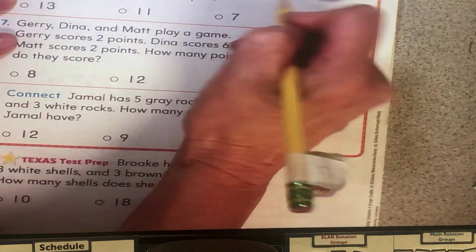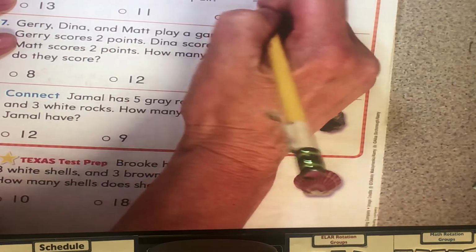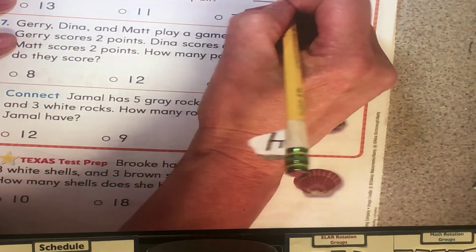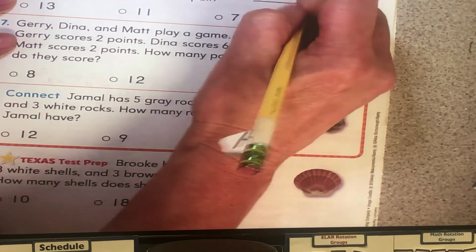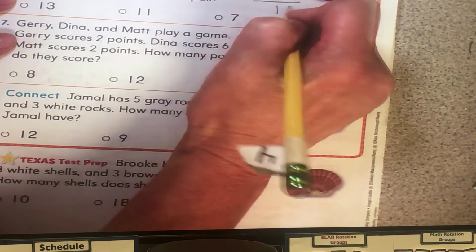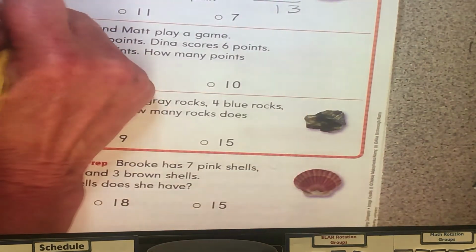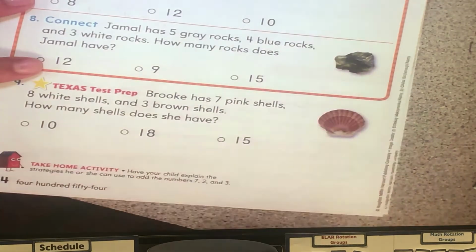So I'm going to what? Add. If you're putting more, you're going to add them. So 6 plus 5 is 11. And 11 plus 2 is going to be what? 13. And there you have it.